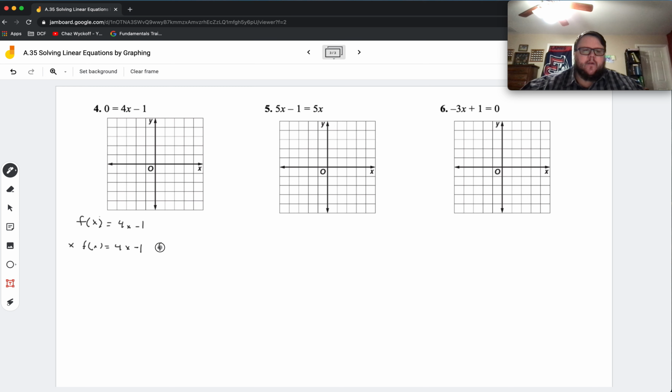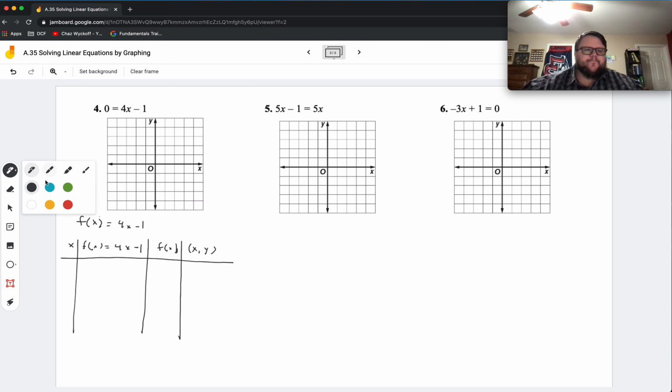And then f of x. And then my pairs, x comma y. And we'll start with 0 is a good one. 4 times 0 minus 1. 4 times 0 is 0. 0 minus 1 is negative 1. So my point is 0, comma negative 1.